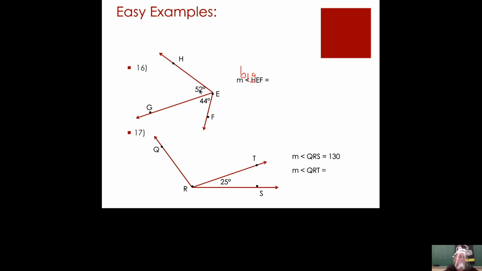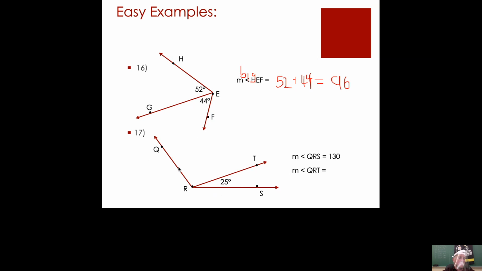How do you find a big angle if you know the 2 little ones? I'm just going to add them together. 52 plus 44. So the measure of angle HEF ends up being 96.